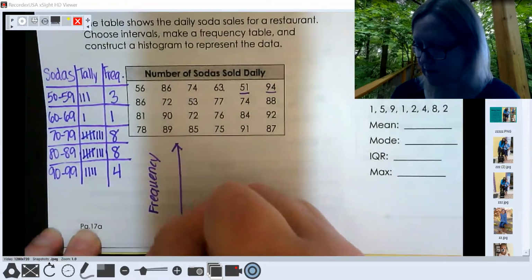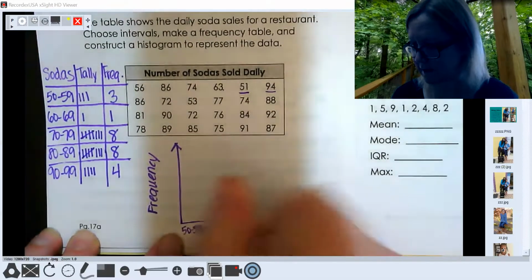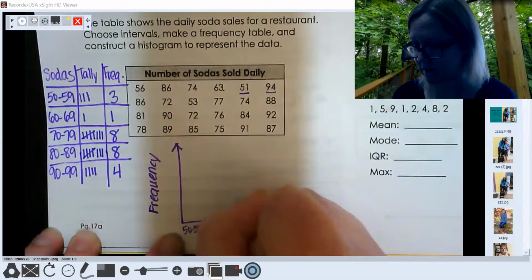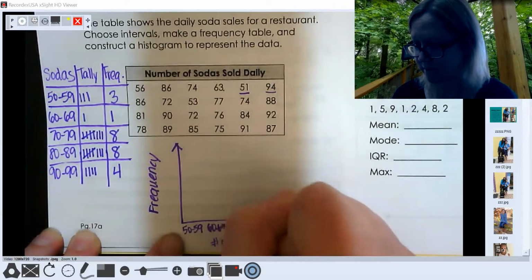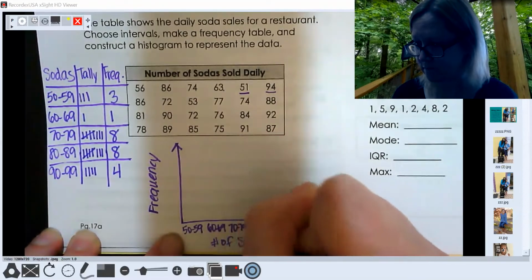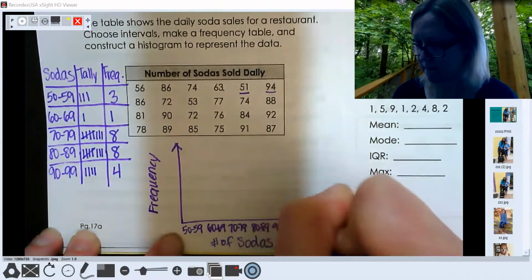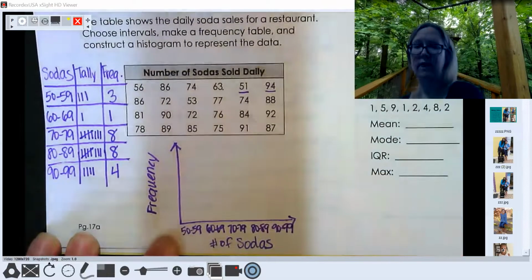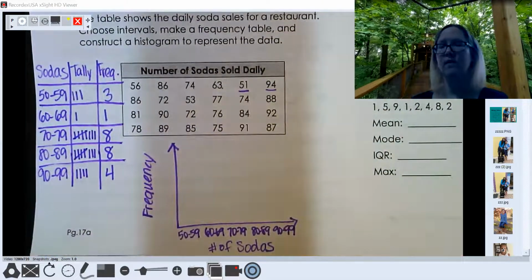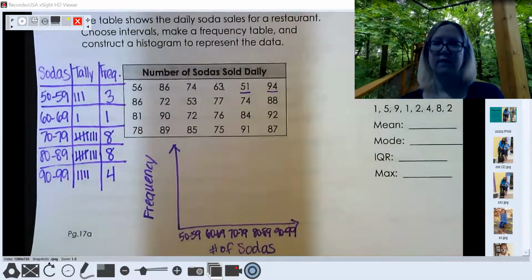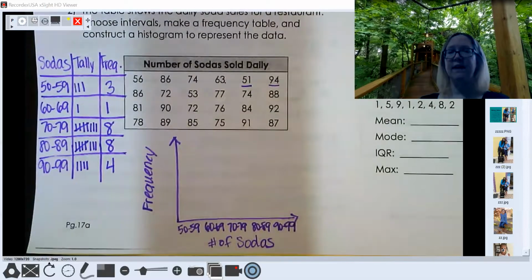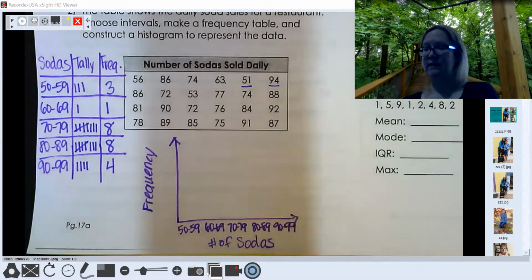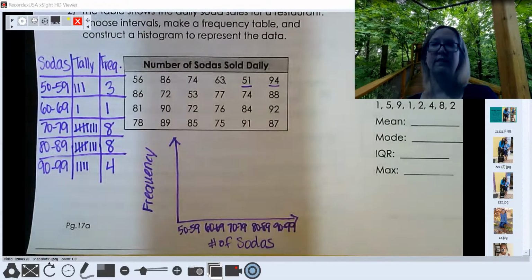So I've got 50 to 59 and so on. I'm going to list all of my intervals down here across the bottom.